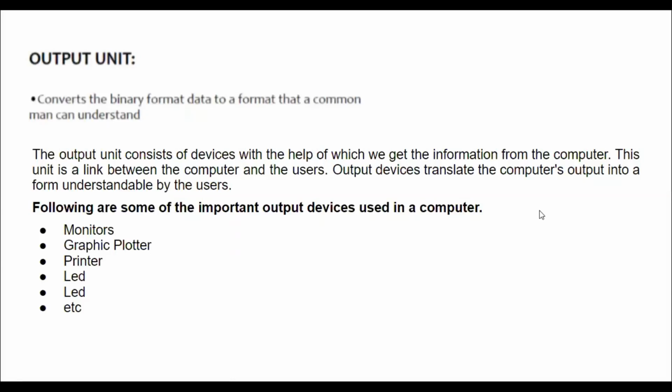So it is any piece of computer hardware equipment which converts information into a human readable form. So it can be text, graphics or audio and video. But some of the output devices are visual display units. So either monitor, printer, graphic output devices, speakers, and many more.